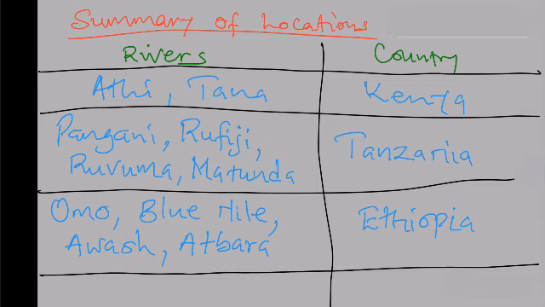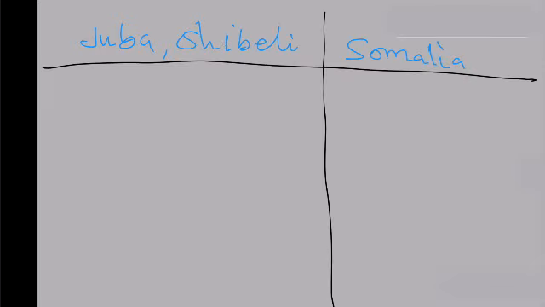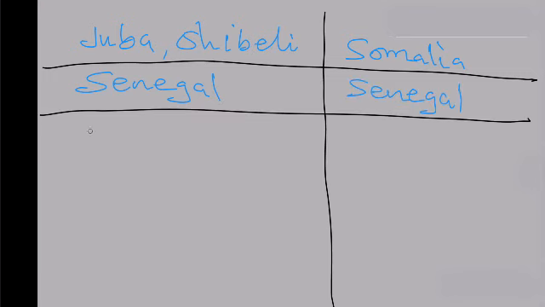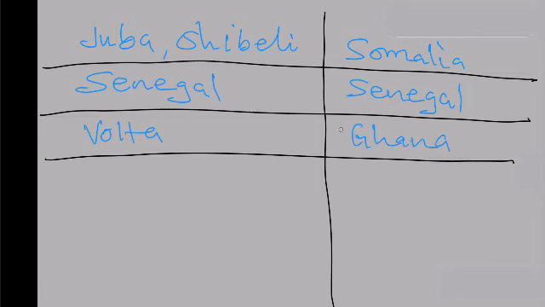In Somalia, we have River Juba and Shebeli. Both of them originate from Ethiopia. And then in Senegal, we have River Senegal. In Ghana, we have River Volta. And in Congo, we have River Congo.